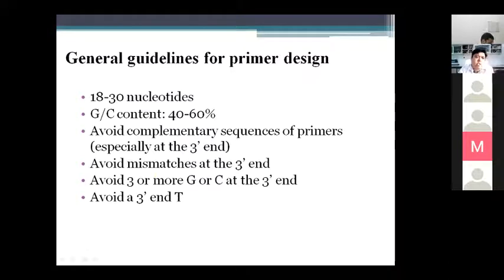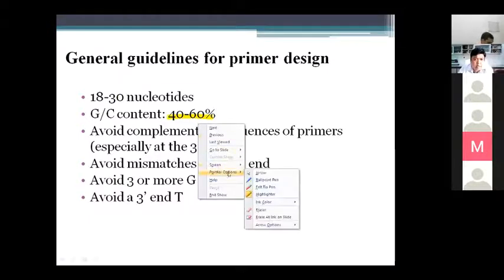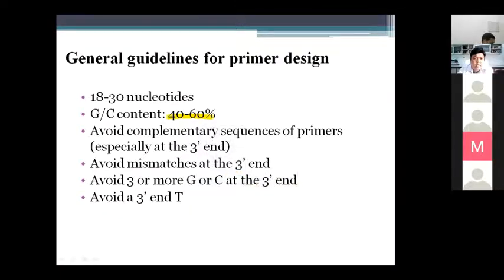Number two, the GC content of this primer must be between 40 to 60%, because if there is more GC content, ultimately it hampers the binding at the target region. Avoid the complementary sequence of the primer, especially at the 3' end. Avoid the mismatch at the 3' end, and avoid 3 or more G or C.